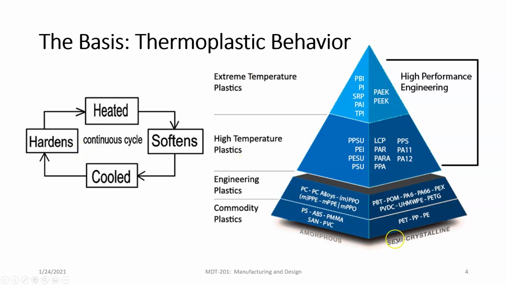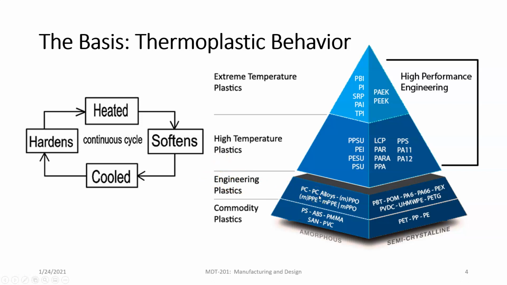So we can view the different types of thermoplastics here. On the left-hand side, we have amorphous thermoplastics, right? And so these include commodity plastics at the lower level. Commodity plastics are just cheap everyday plastics, okay? Engineering plastics.